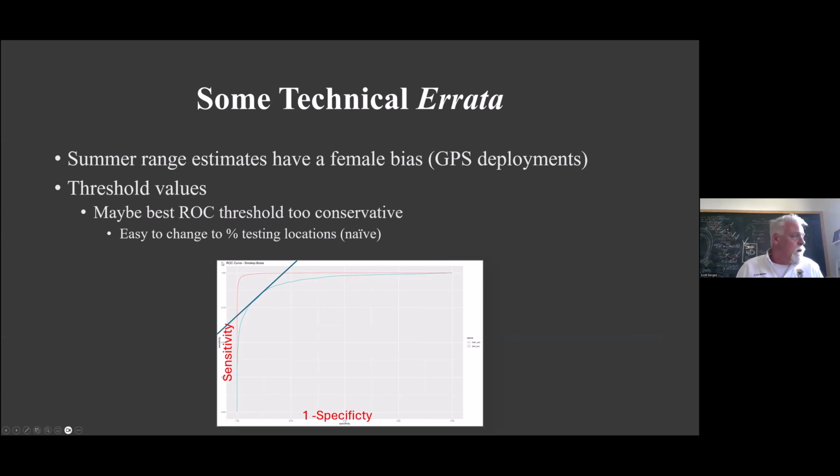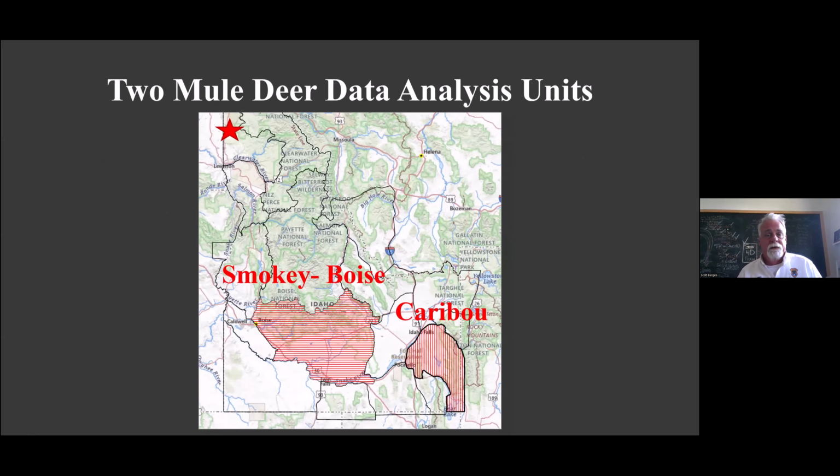If you were up here in this corner, this is one, that would mean you're perfect in your ratio of true positives to false positives. And so this point where you have a tangent line is what we're using to say, at least statistically, this is where we can draw a line that says what's summer range and what's not. We call that the best threshold value.